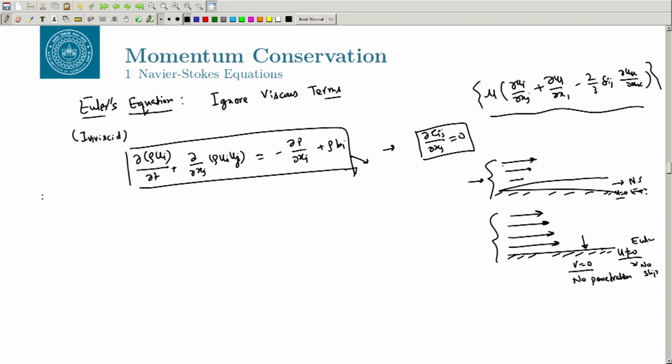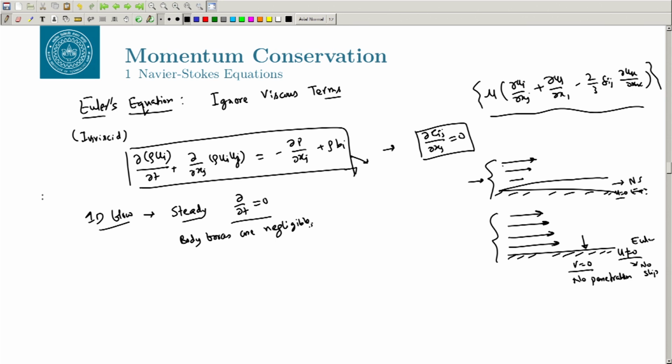Now that we have the Euler equation, we can further simplify it. Let us write it for 1D flow, and let us say that the flow is steady, so the ∂/∂t term goes to 0, and the body forces are negligible.